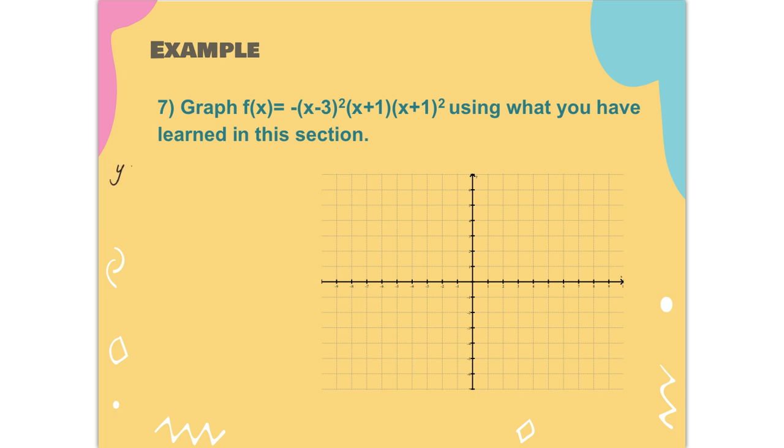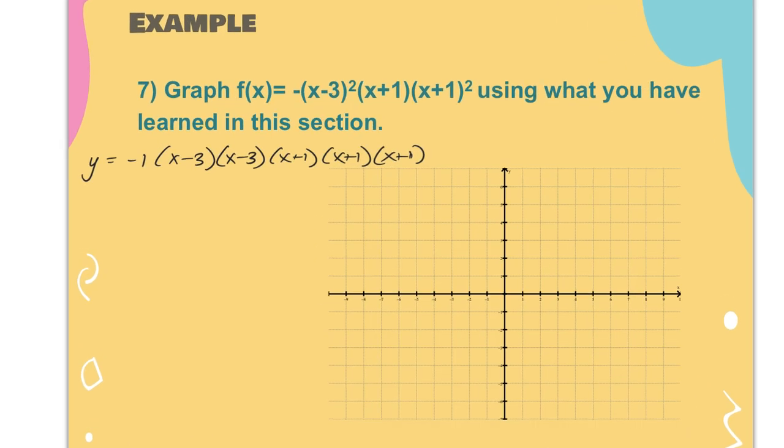Whether you do f of x or y, it's going to be -1 times x minus 3 squared, so that's x minus 3 times x minus 3. And then x plus 1 squared, so it's x plus 1 times x plus 1. Now we have all of our factors.